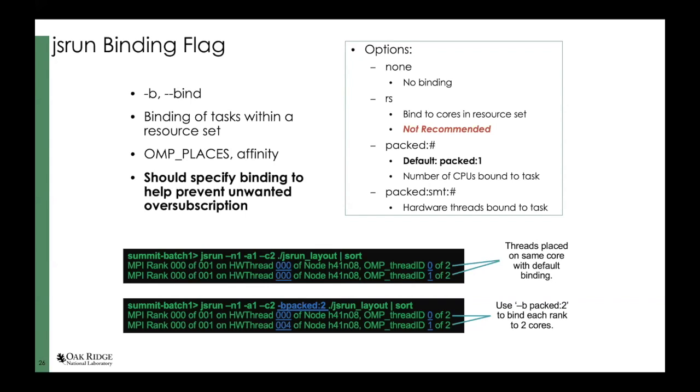And in the bottom box, you can see how adding packed:2, to say bind 2 physical cores for that rank, will lay out the first hardware thread on the first core and the second hardware thread on the next physical core.